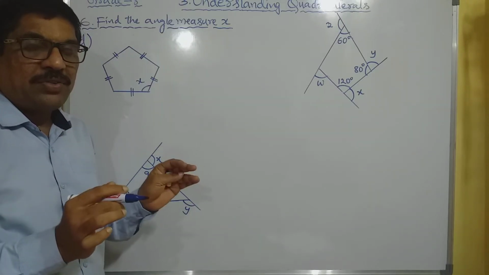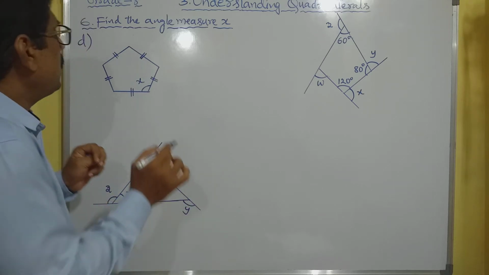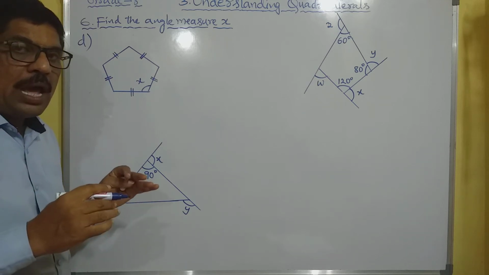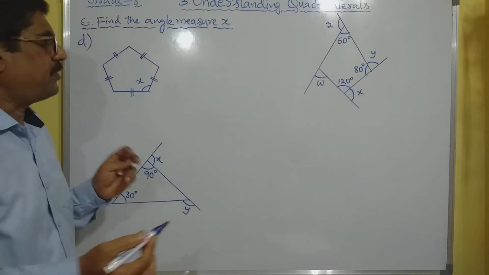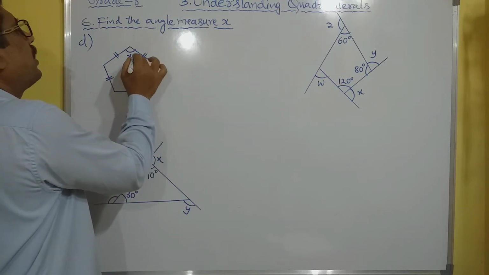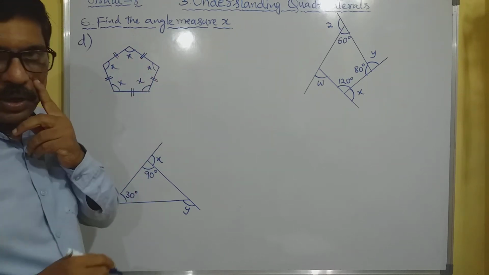Not only the sides, all angles will also be equal. Here he has given one angle, then all the angles will also be x. So we can take all the angles as x because it is a regular pentagon.